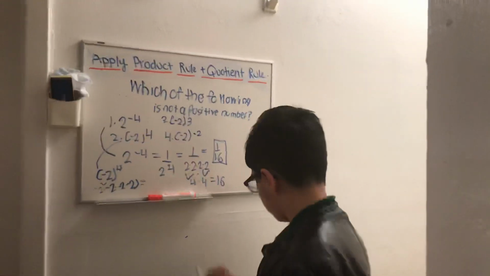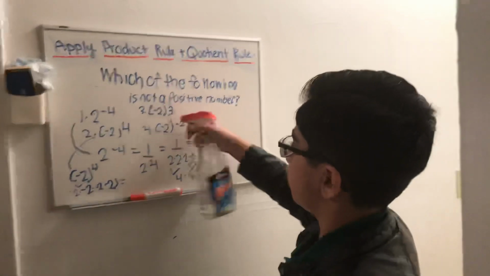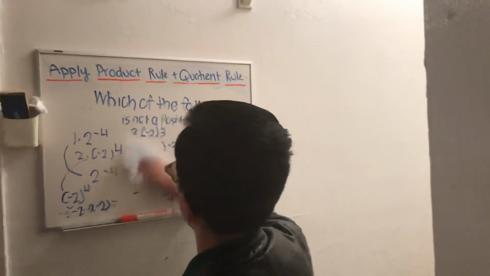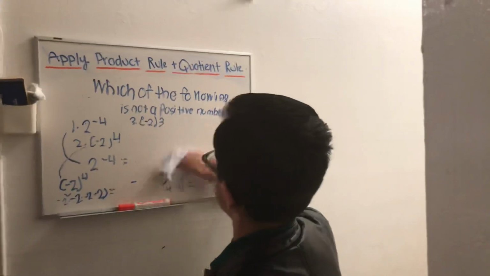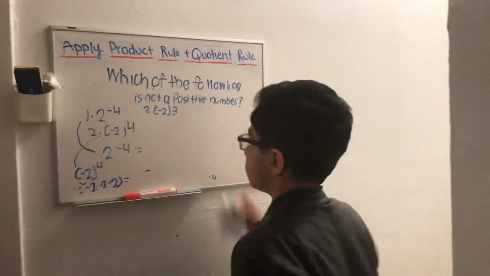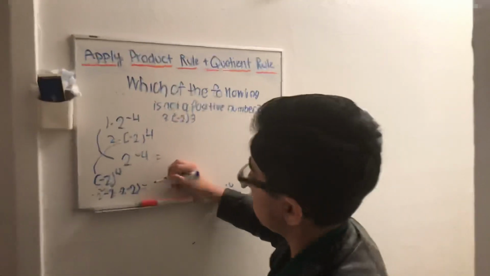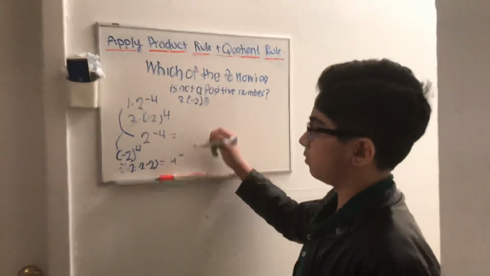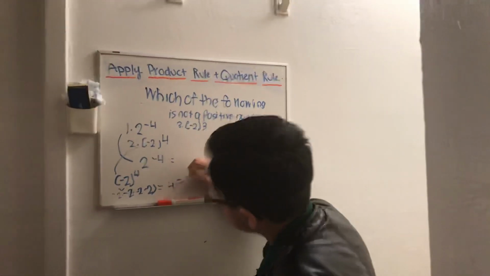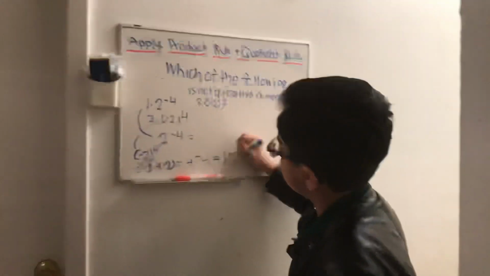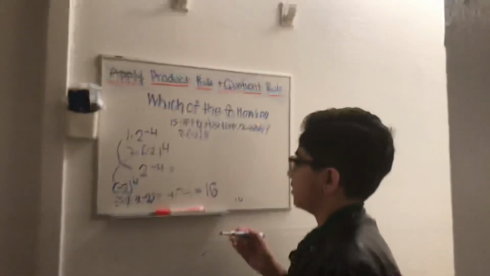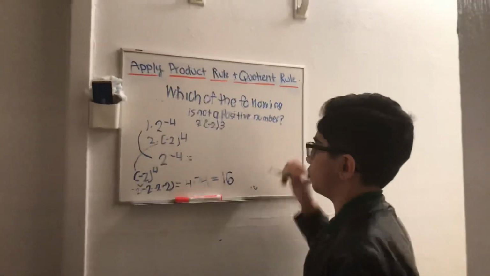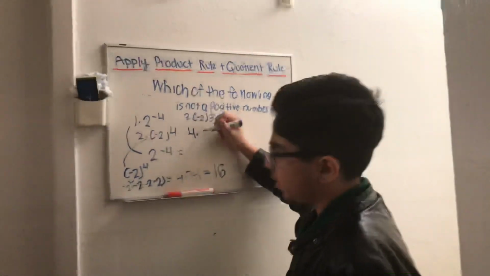So negative 2 times negative 2 is 4, and then negative 2 times negative 2 is also 4. So 4 times 4 is 16. And yes, indeed, 16 is a positive number. So choice 2 is also not your choice.